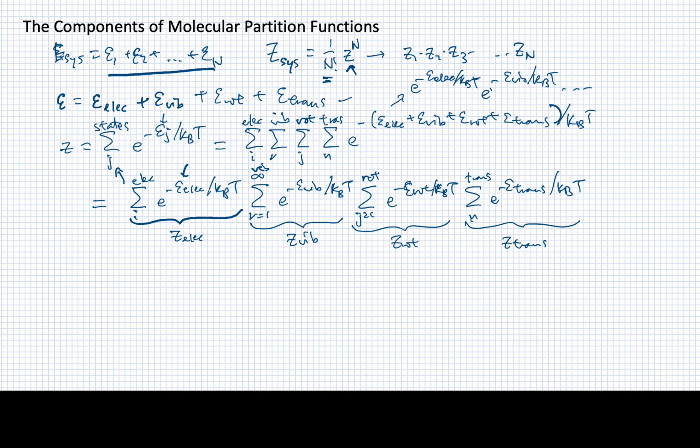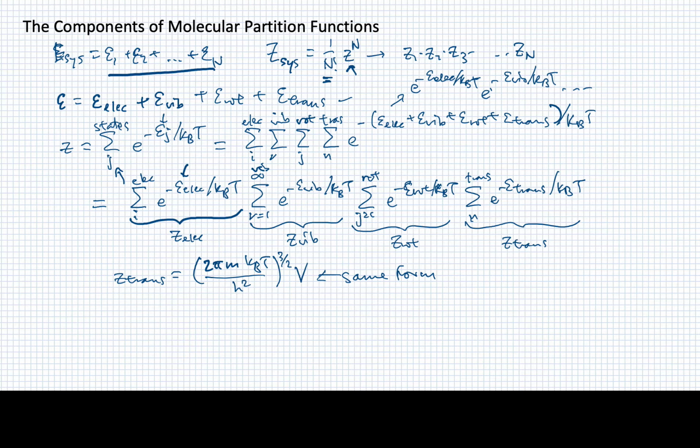Now we've already determined what the translational partition function is in this case, and it's going to have exactly the same functional form for a molecule as it had for atoms or any other particle. It's basically going to be 2 pi m kBT over h squared, all of this raised to the 3/2 power, multiplied by the volume. And so this has the same form for all particles.